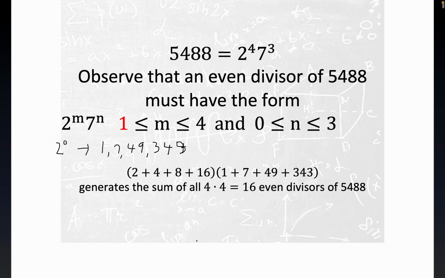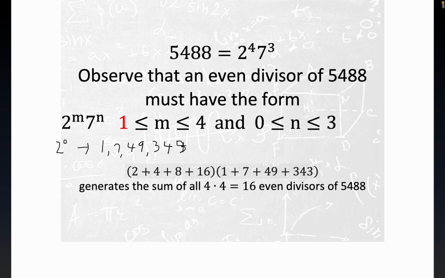Now another key observation is that when you multiply this out, that equals 16 distinct summands, because these are all powers of 2 and these are powers of 7. So you're going to have 16 distinct even divisors because everything inside is getting multiplied by 2 or powers of 2.